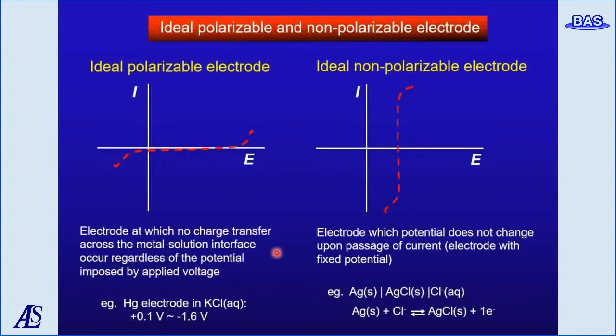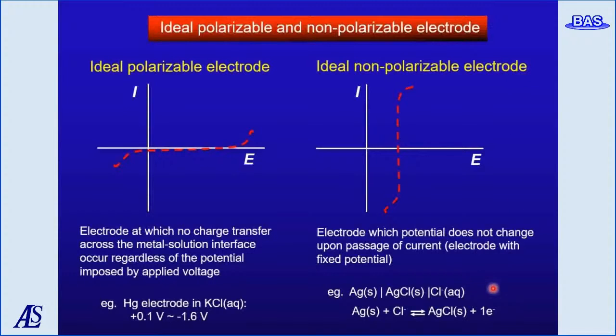Another electrode is one where the potential does not change under the current flow. The typical current response shows a vertical line at one potential. The potential does not change while the current flows. This is called an ideal non-polarizable electrode.